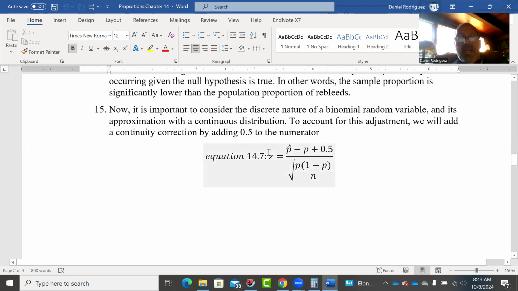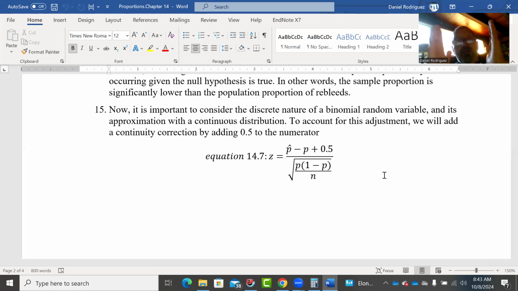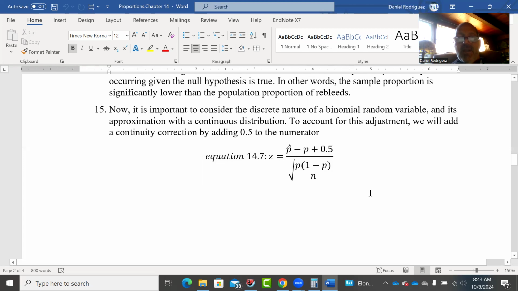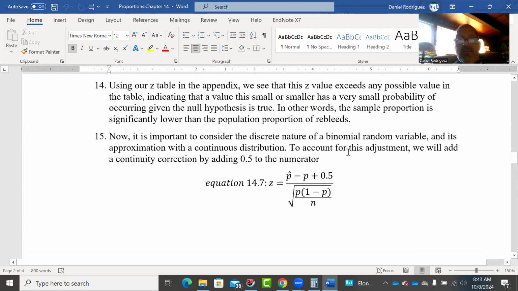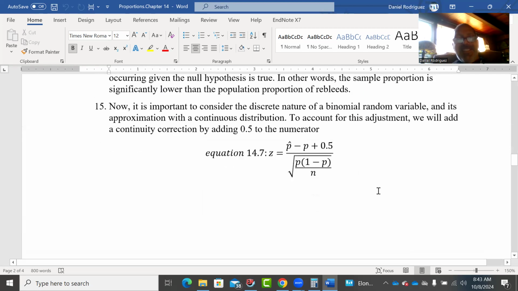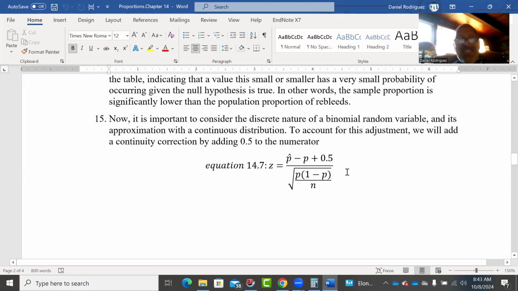So we'll just add this correction of 0.5. It's interesting because when you think about those bars, the bars are centered on a point, but the bars usually have a width of 1 unit on the x-axis. So we add this 0.5 here to the proportions to make that correction.